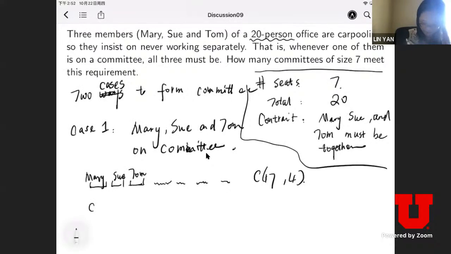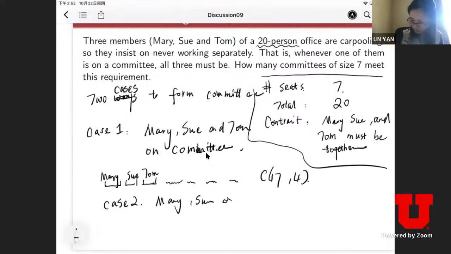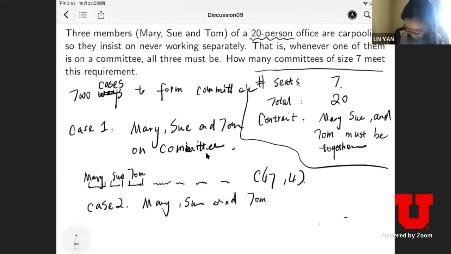But we also have case 2. That is Mary, Sue, and Tom are not on the committee.